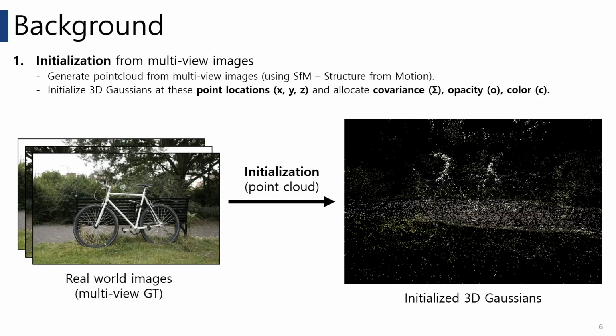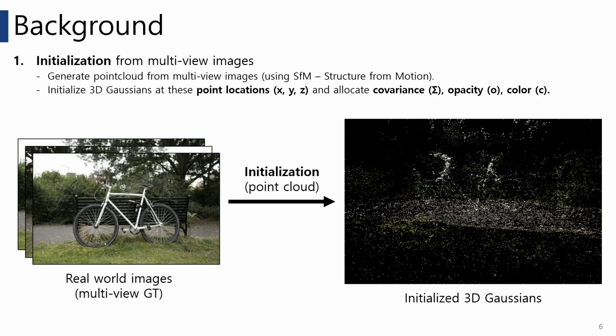Before we delve into the specifics of AbsGS, let's quickly review the background of the standard pipeline of 3D Gaussian splatting. The process begins with initialization. This step uses multi-view images, which are our ground truth, to generate an initial sparse point cloud, typically using structure from motion (SFM).